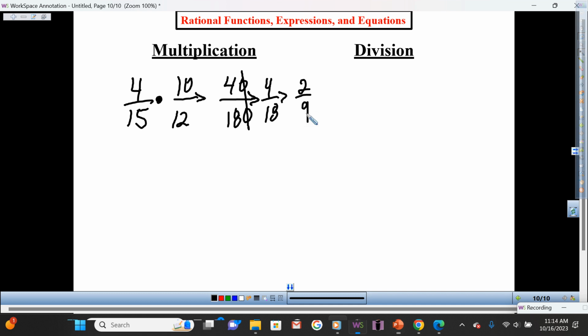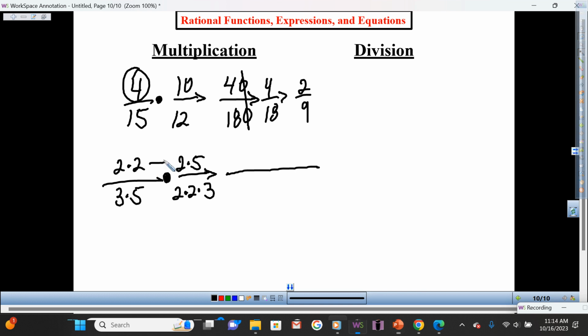However, what's another way that we're going to do that today, Mr. Q? Like this. How can we write 4 in factored form? 2 times 2. How about the 15? 3 times 5. How about the 10? 2 times 5. How about the 12? 2 times 2 times 3. Now check this out. I'm going to multiply that times that, which is 2 times 2 times 2 times 5.